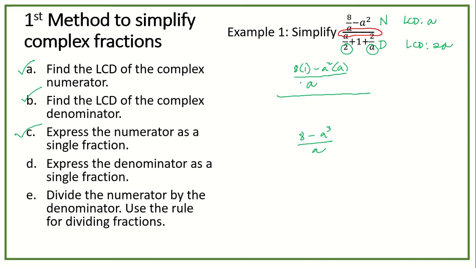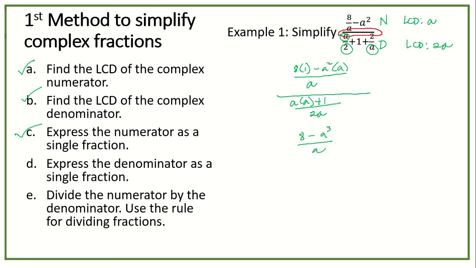How about the fourth step? Fourth step: express the denominator as a single fraction. So, same again: a over 2 plus 1 plus 2 over a. The LCD is 2a, so our denominator is expected to be 2a. We divide the LCD by 2. So, 2a divided by 2 is a. So, we multiply to the numerator a the result after we divide.